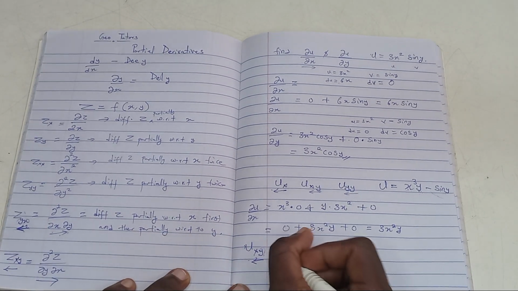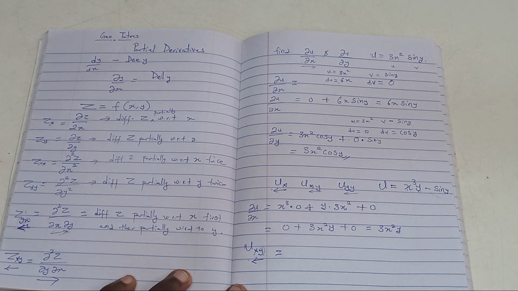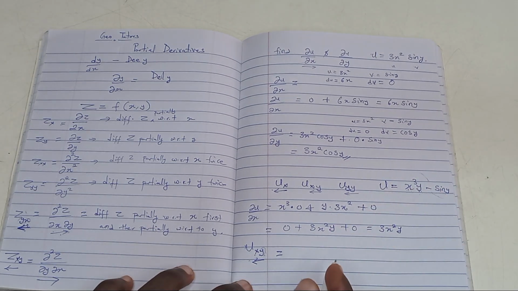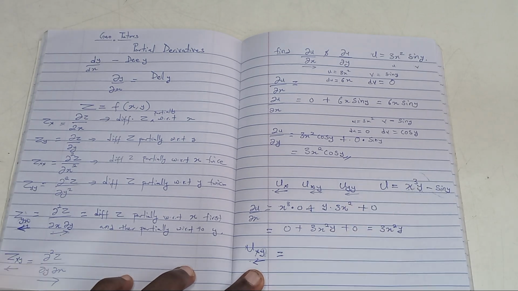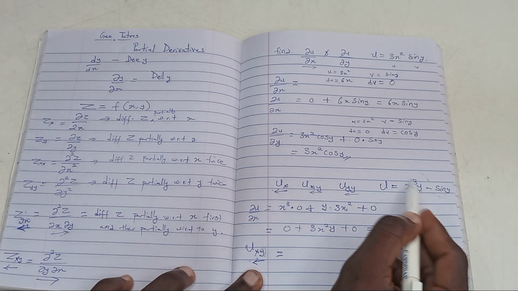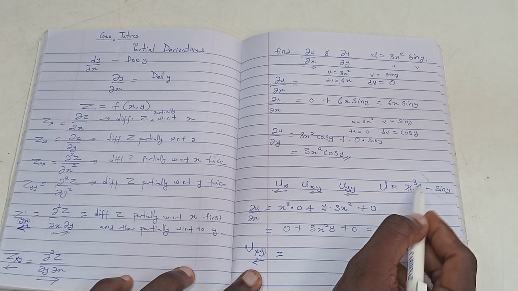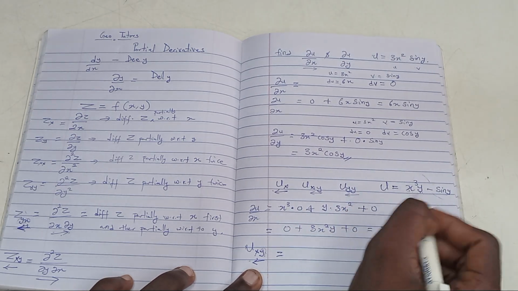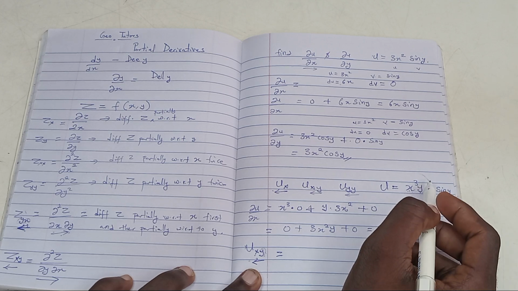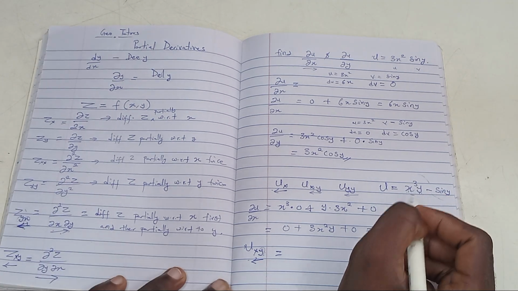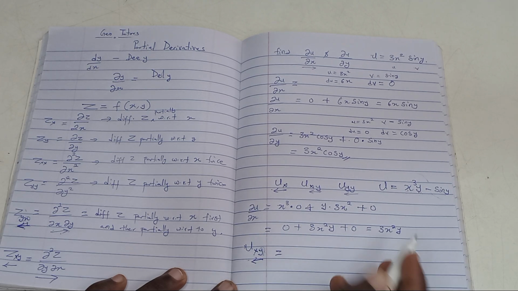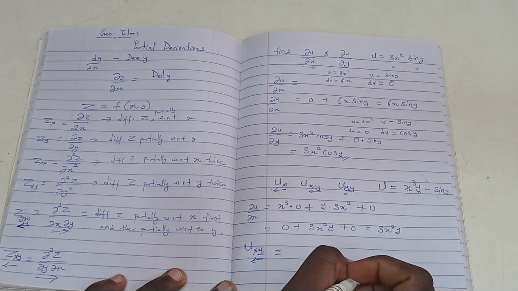So now let's go to the original function and differentiate with respect to y first. Anytime I'm differentiating with respect to y, even though this looks like a product of two different functions, two variables, I'm doing y first. What will I get?